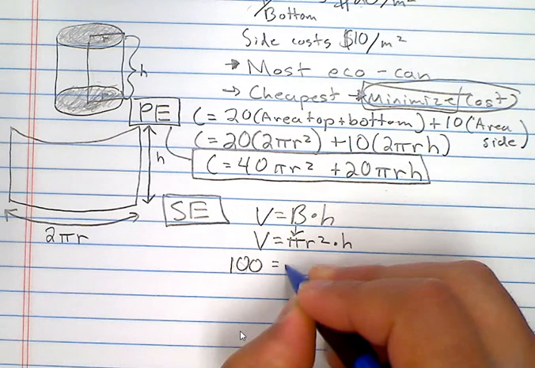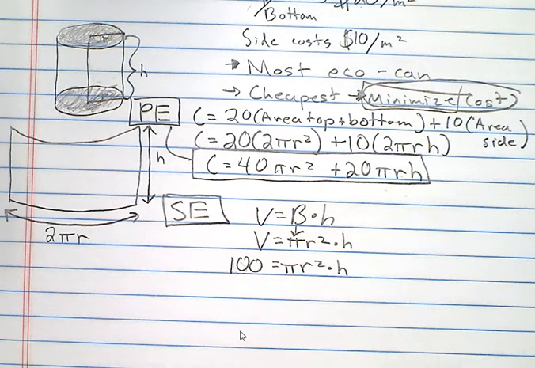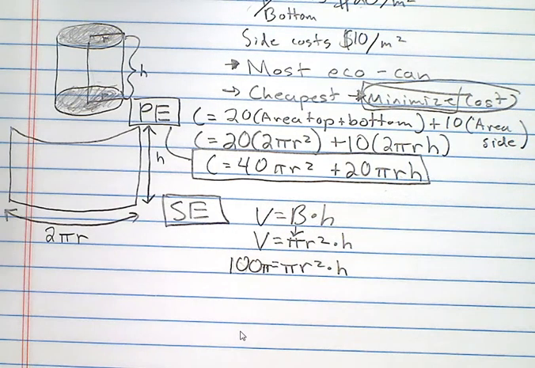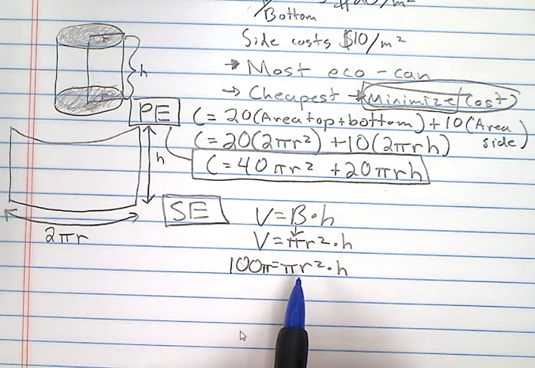We use what we know in the secondary equation. Oh, I'm sorry. Yes. Okay. So when we use what we know in the secondary equation, there's 100 pi units of volume. So let's look at our primary equation.